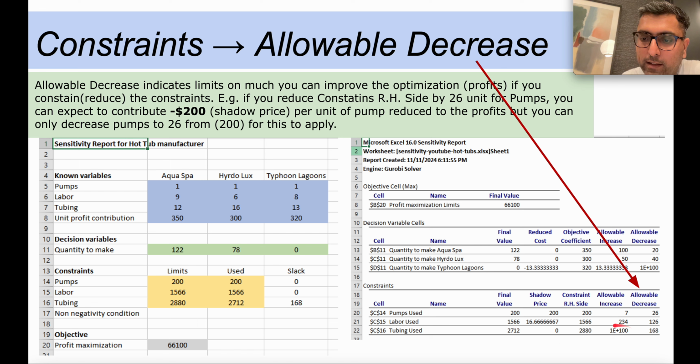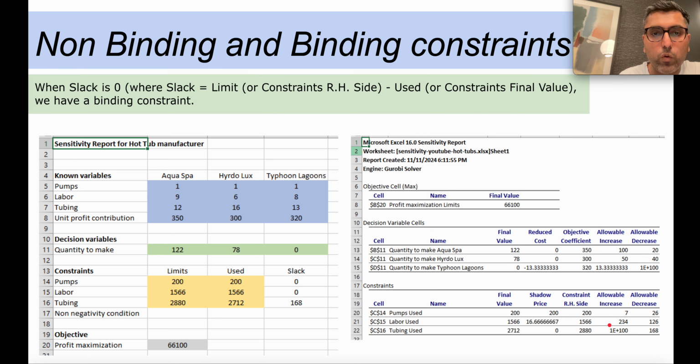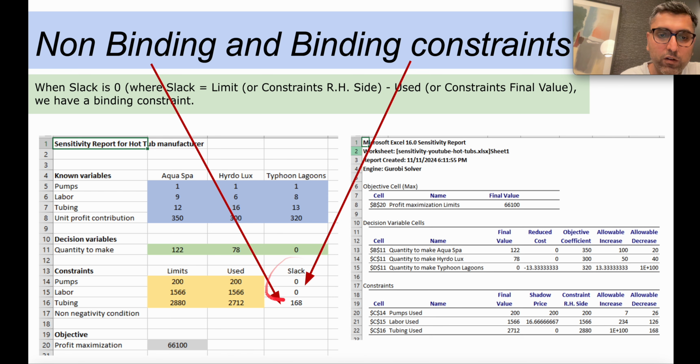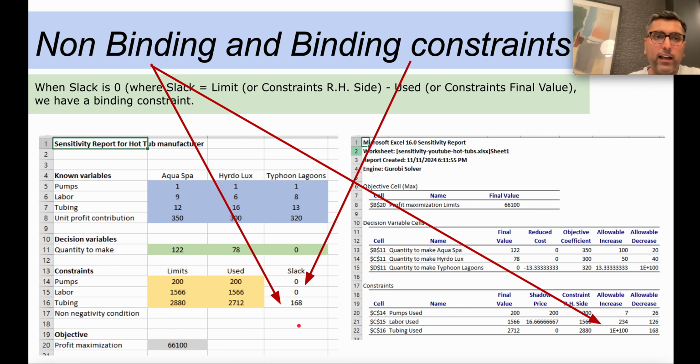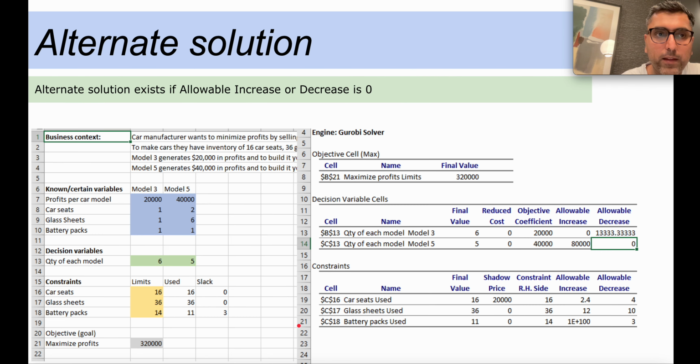And for a non-binding constraint, you can see that you can go up infinitely, because it's non-binding. So as I said, you can very quickly find out which of these are binding constraints and non-binding constraints. Slack being 0 gives you a binding constraint. Slack not being 0 shows that there's enough available, so you can increase it. And you can also interpret that using the sensitivity report.